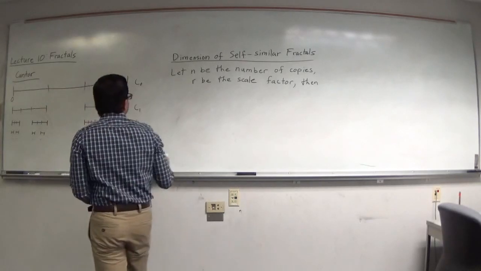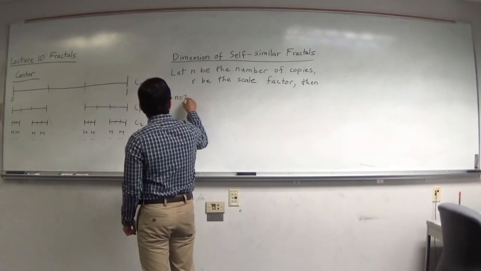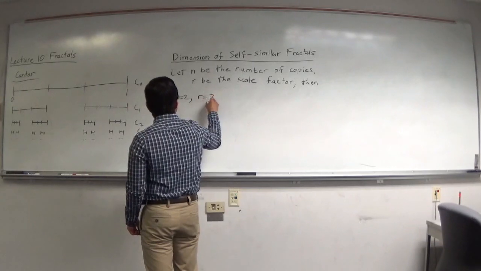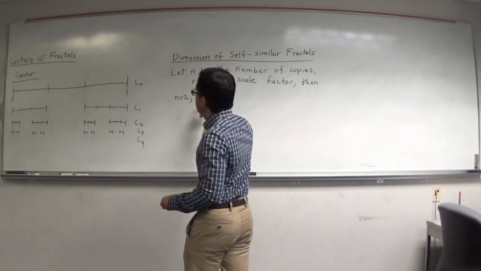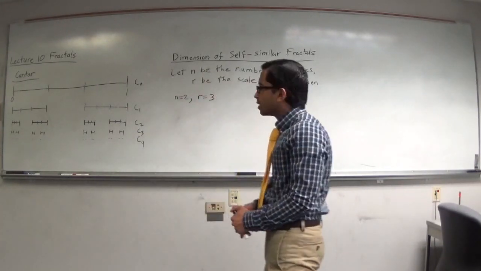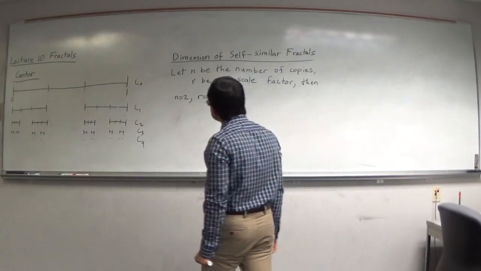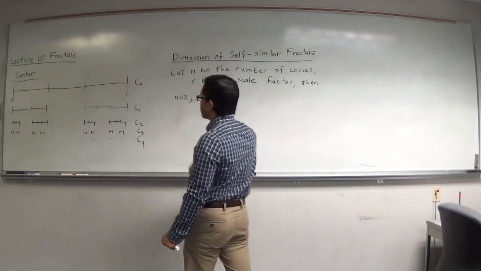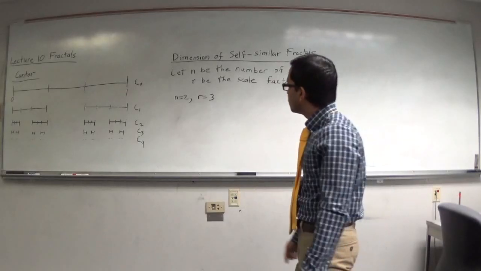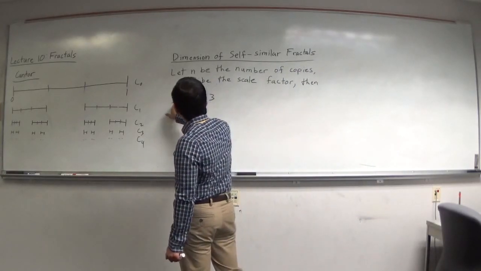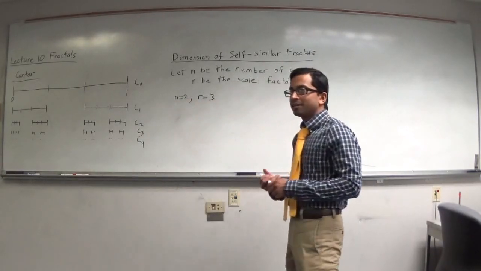A third. So here, n is going to equal 2, and r is going to equal 3. So it's scaled down by 1 over 3, and we have two copies. Now, do you see a relation between n and r?